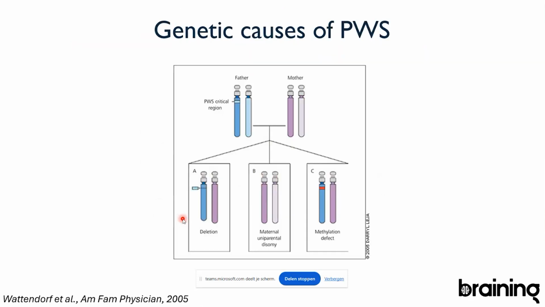And if we look at what causes the Prader-Willi syndrome at the genetic level, there are 3 possible causes. I told you it's an imprinting disorder. So one of the things is that normally those genes in Prader-Willi syndrome are on chromosome 15, and normally they are only expressed from the paternal side.